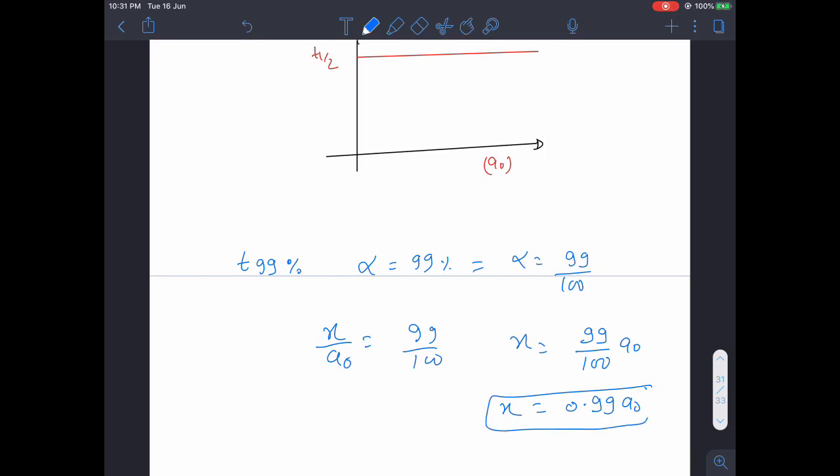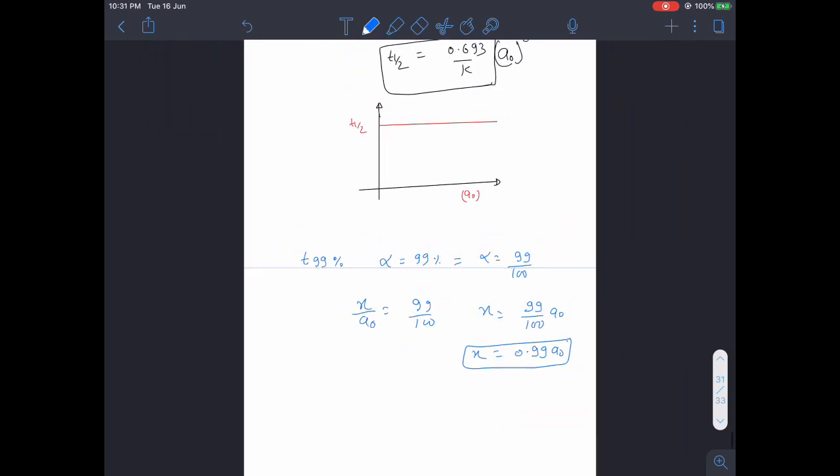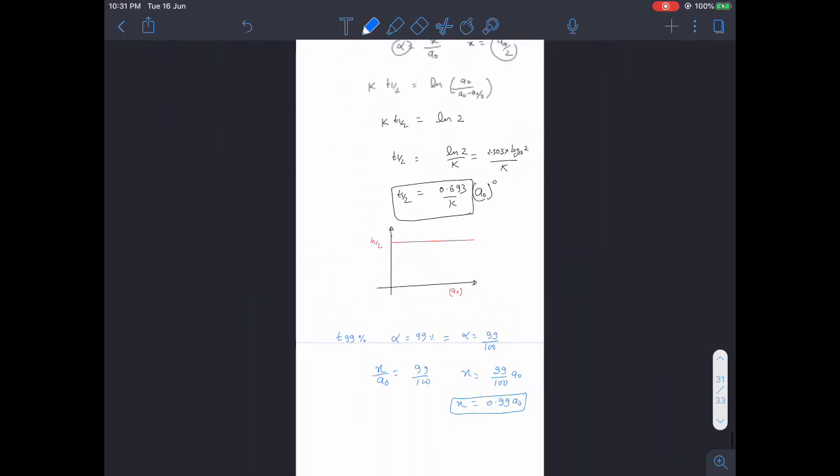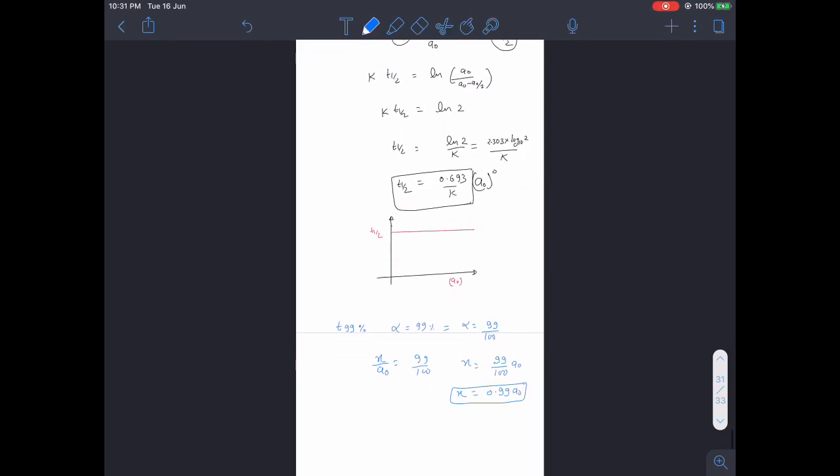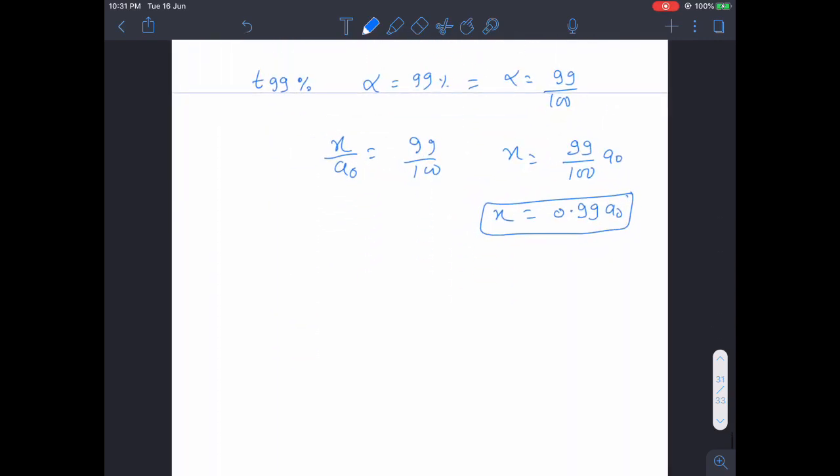Once again, can I use this value here in the original equation? So original equation was k into t is equal to ln a naught upon a naught minus x.